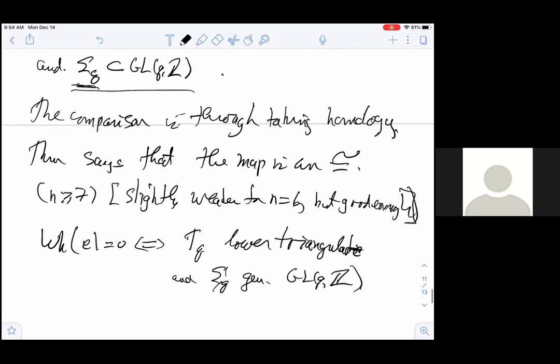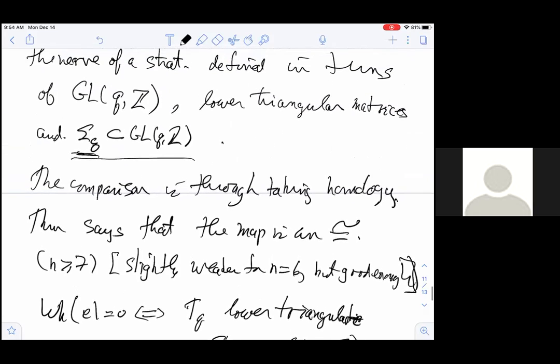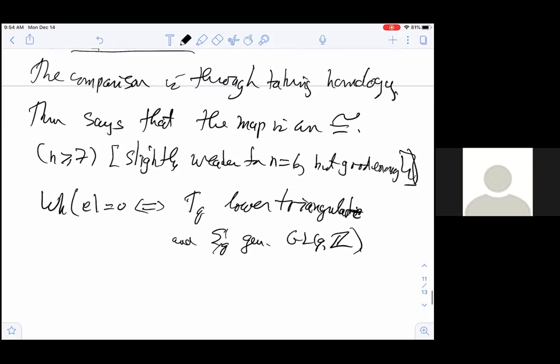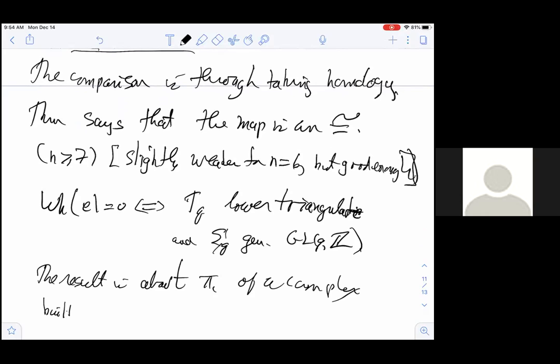This is now a much more complicated statement about a complex that you make using these same ingredients. And it's a statement about paths or pi1 of that complex. So the result in the end is about pi1 of a complex built from these same ingredients: GLQZ, TQ, and the symmetric group.